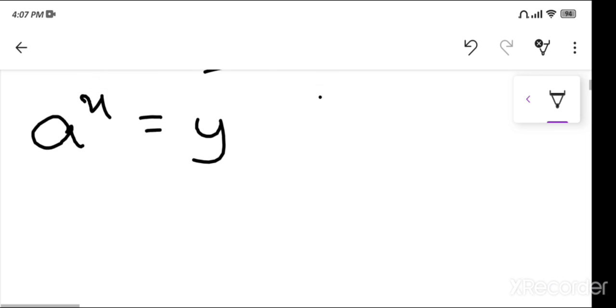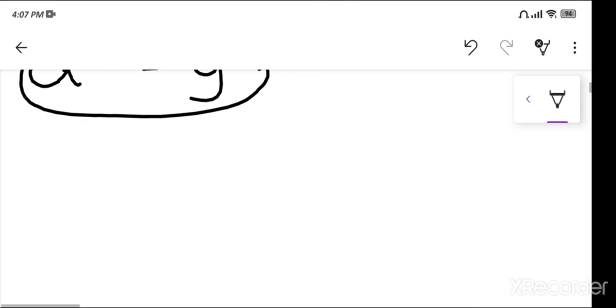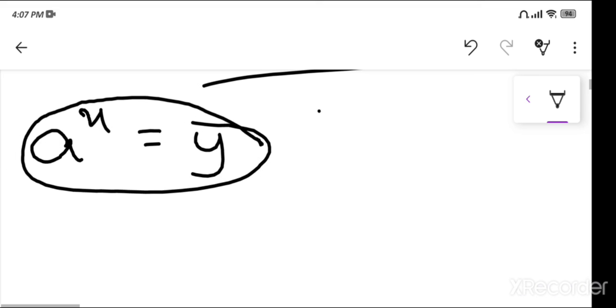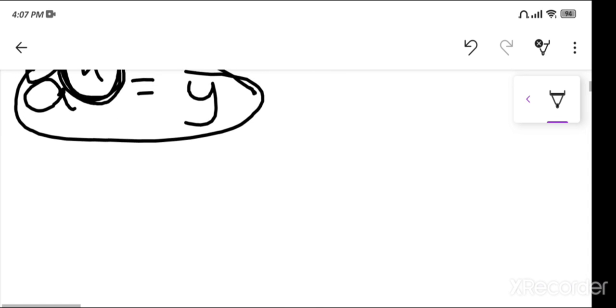If I want to write the log for this question, that's simple. When you write the logarithm, the power, which is the x, converts to the main thing, the a goes away. So let us write the x there.